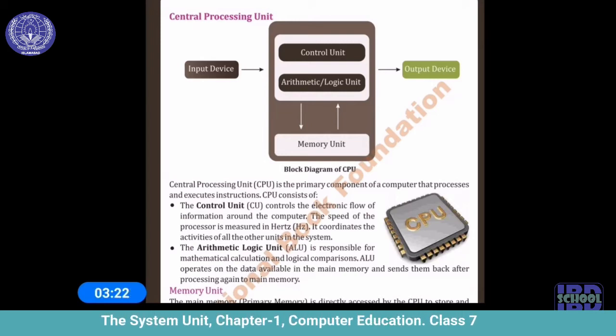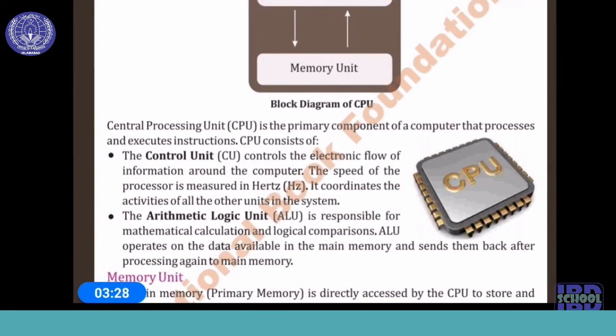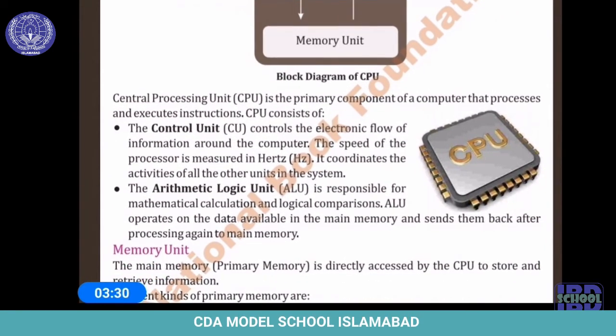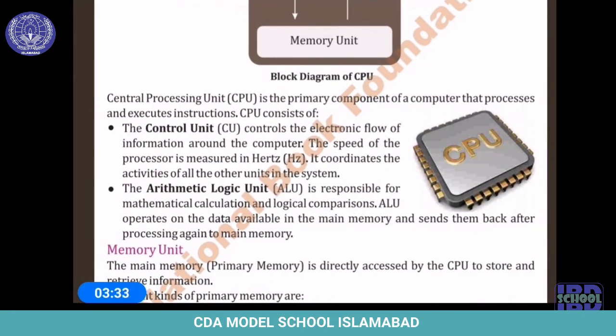Second is arithmetic logic unit, which performs all arithmetic and logical operations. The arithmetic logic unit is responsible for mathematical calculations and logical comparisons. ALU operates on the data available in the main memory and sends them back after processing again to main memory.